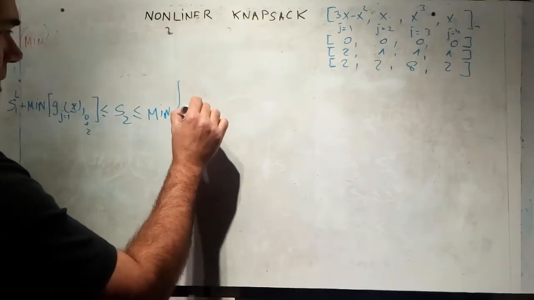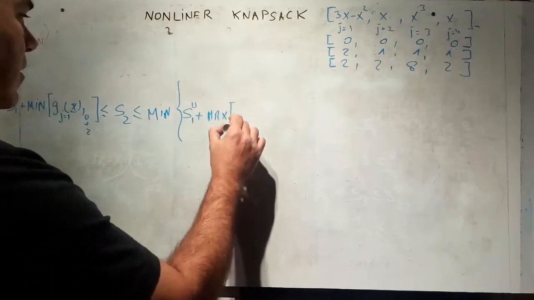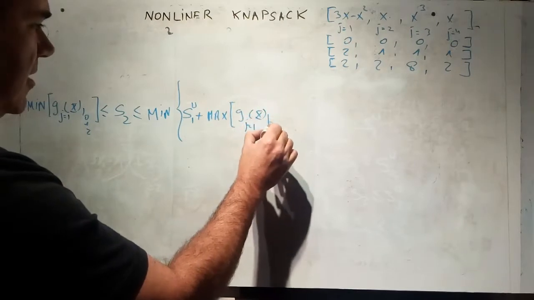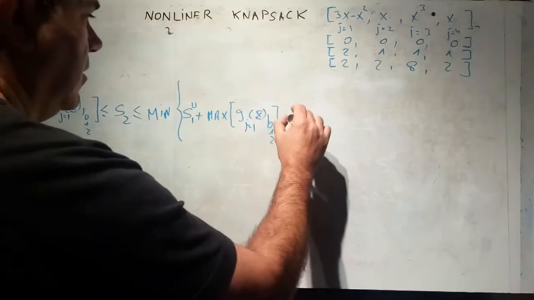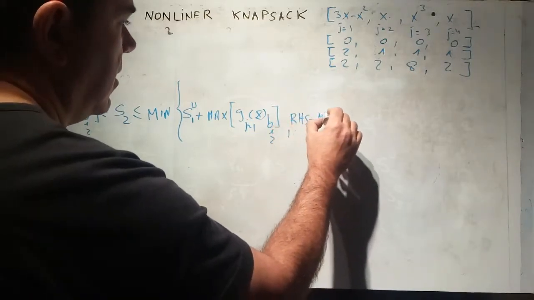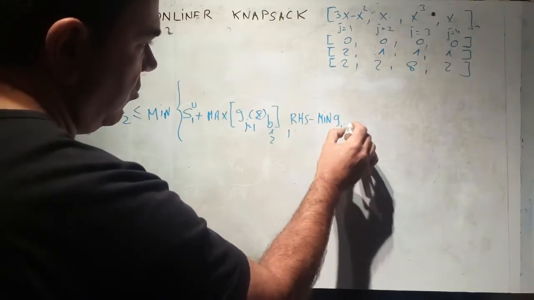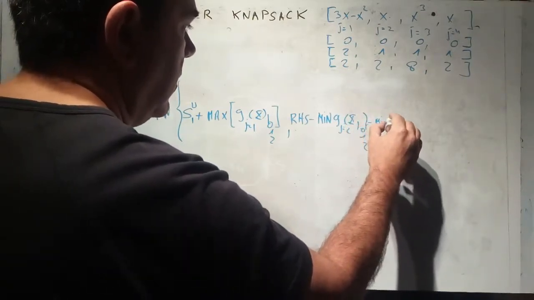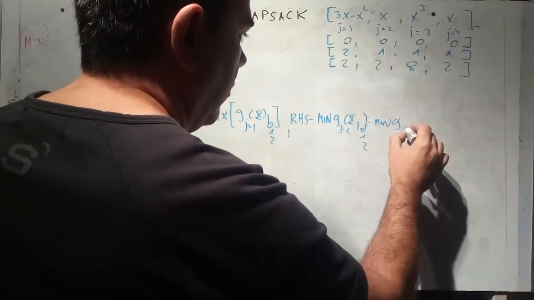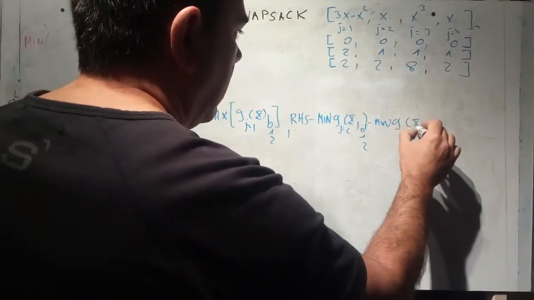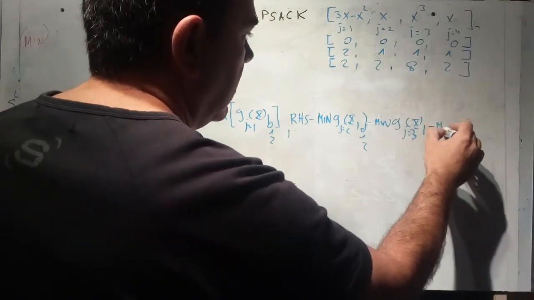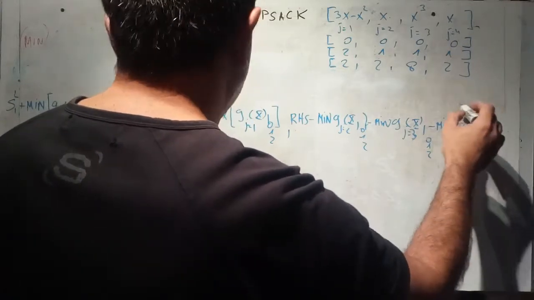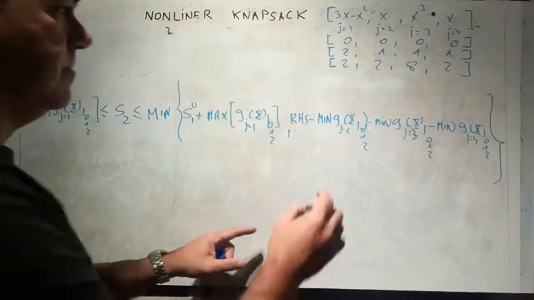The upper limit of S1 plus the maximum of G for the first stage, j being 1, of x evaluated at 0, 1, 2, comma, the right hand side less the minimum of the constraint in stage 2, x being 0, 1, 2, less the minimum of the constraint for j being 3 of x evaluated at 0, 1, 2, less the minimum of G for j being 4 of x evaluated at 0, 1, 2. Right? This is the upper limit.